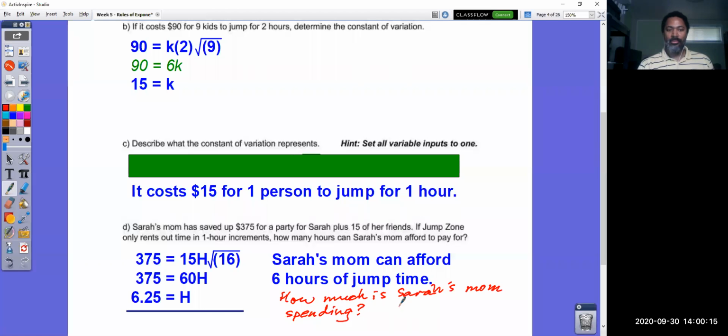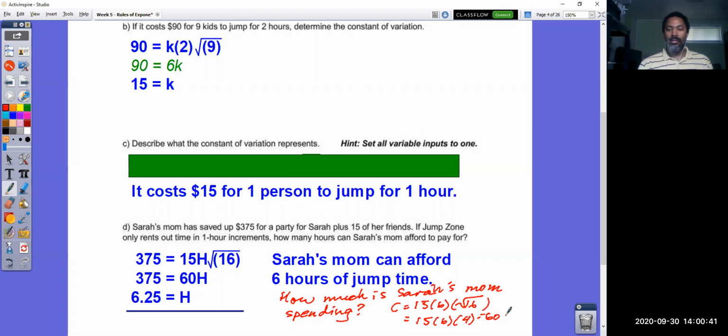Okay, so the cost is going to be 15 times 6 times the square root of 16. The square root of 16 is 4, so 15 times 6 times 4. I know 4 times 15 is 60.